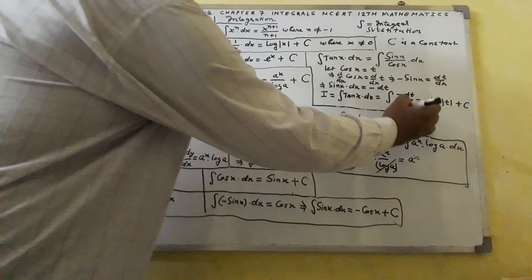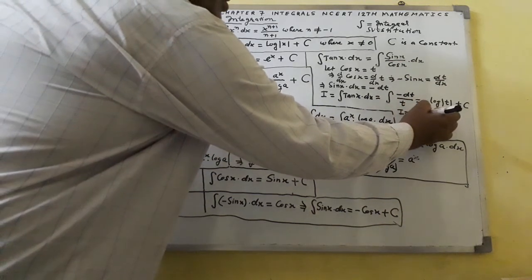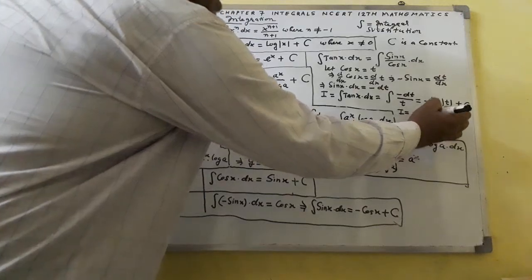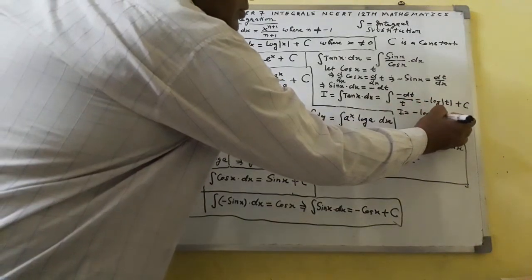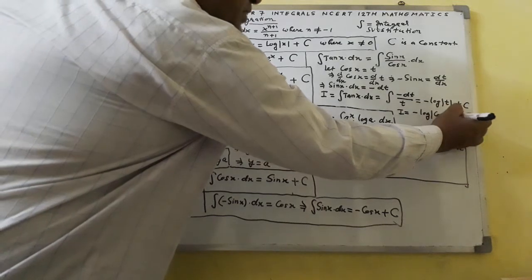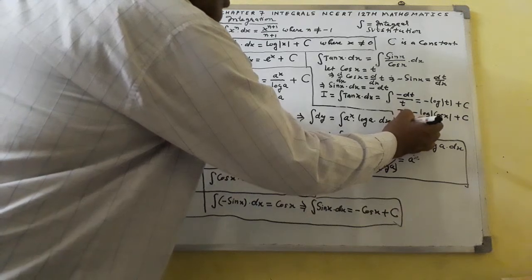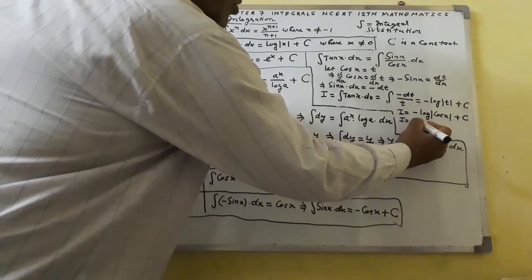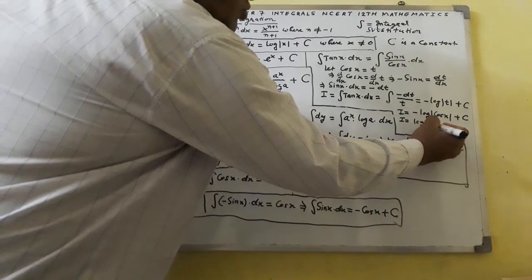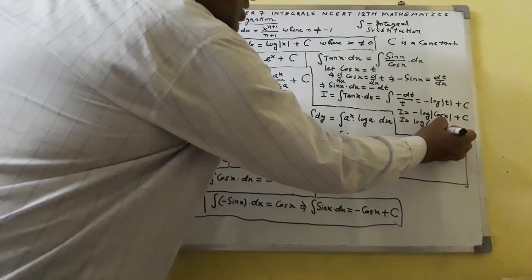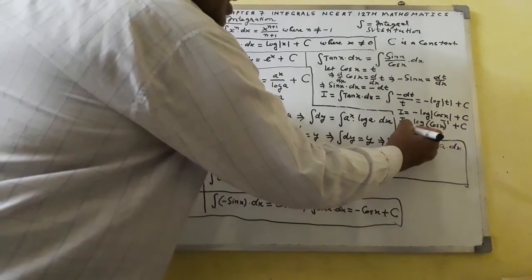So here we have got I equal to minus log, in place of t I shall write cos x mod, plus c. You will get I equal to log in bracket cos x raised power minus 1 plus c.